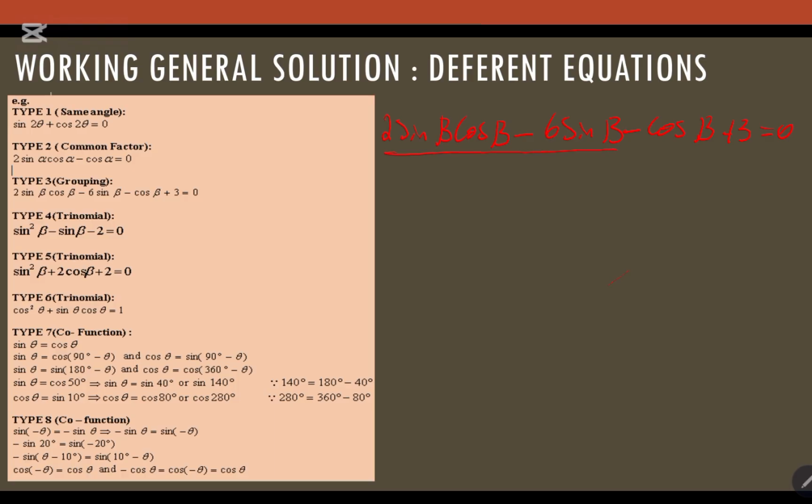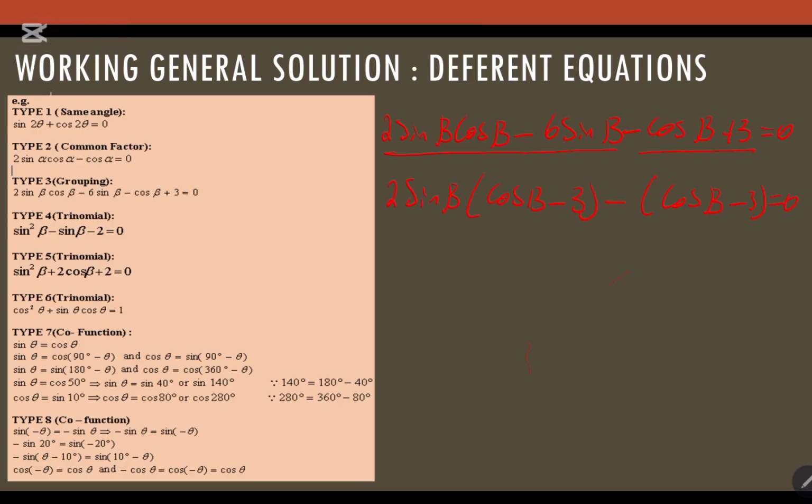So in these two terms, take out the common factor of 2 sine beta. We'll be left with cos beta minus 6 divided by 2 is 3, minus, between these two terms I take out negative 1. I'll be left with cos beta minus 3 is equals to 0.